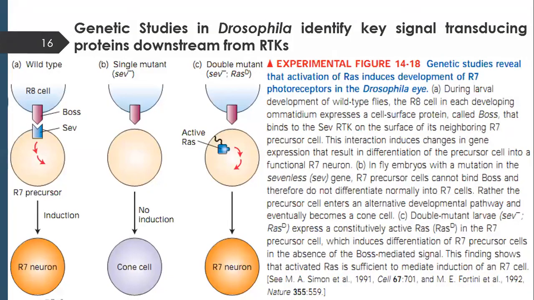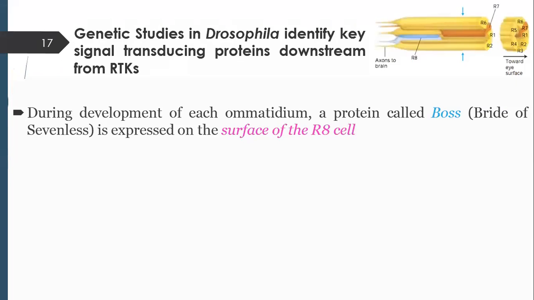Okay, so after that, अगर हम इसको देख लें, अभी इसकी explanation है. During development of each ommatidium, a protein called boss. So एक boss protein है that will be bride of 7-less. So that is expressed on the surface of R8. R8 के surface पे boss express होंगे.